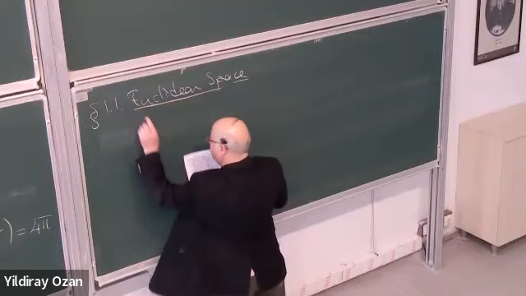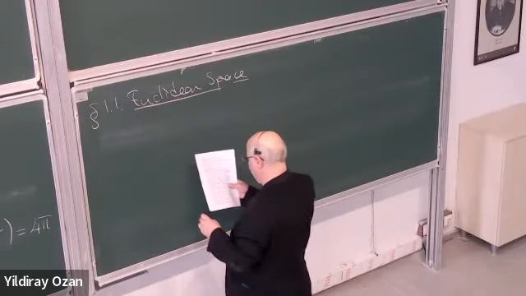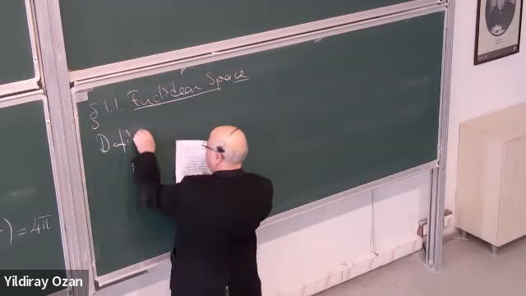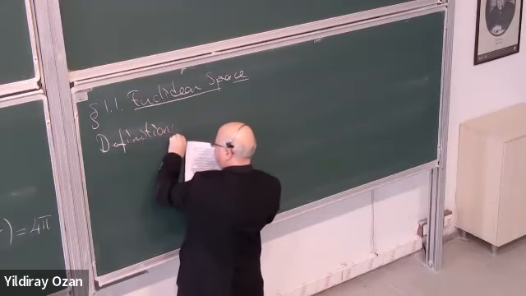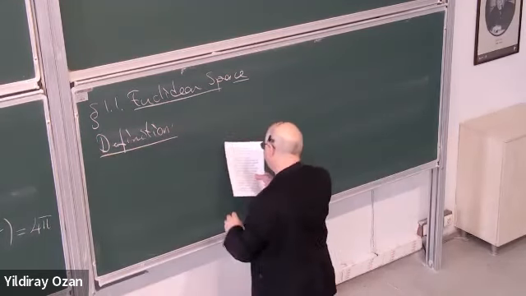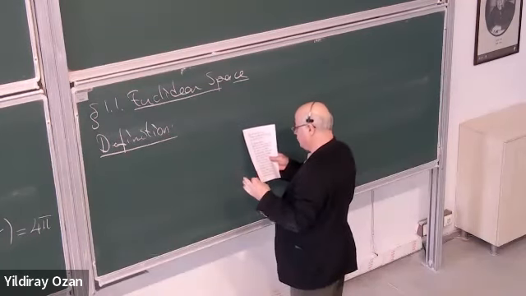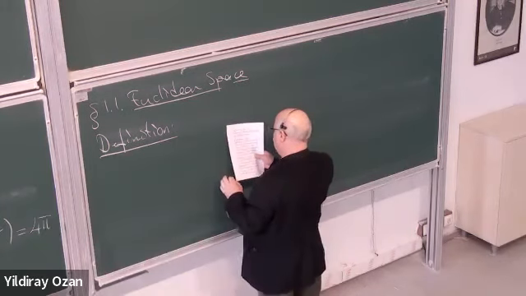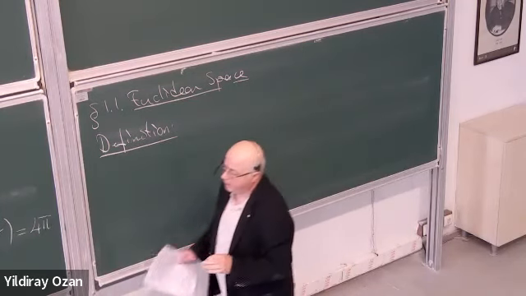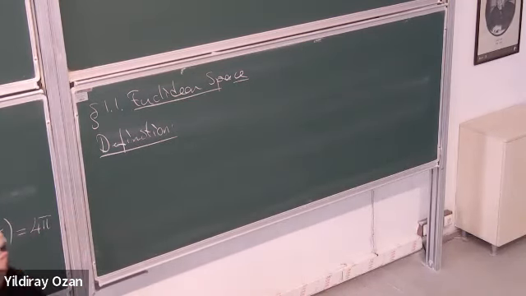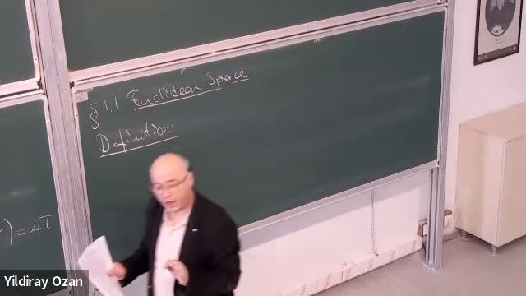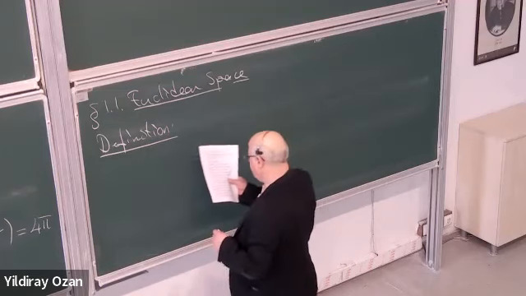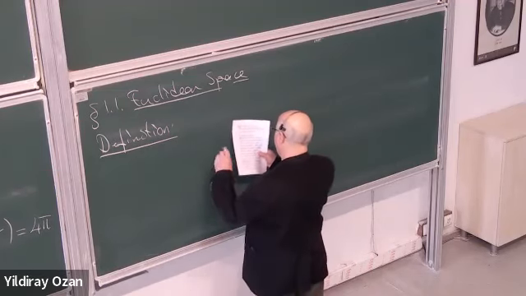So the first thing we will do, we will see the geometry of R3 basically. Well, not the geometry, but we will set up notation. As I said, we will study curves and surfaces embedded in R3. So we have to understand R3 well enough.